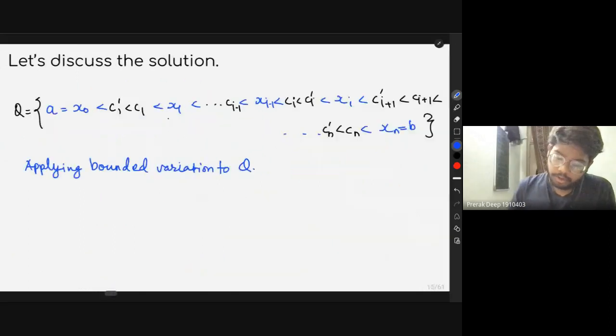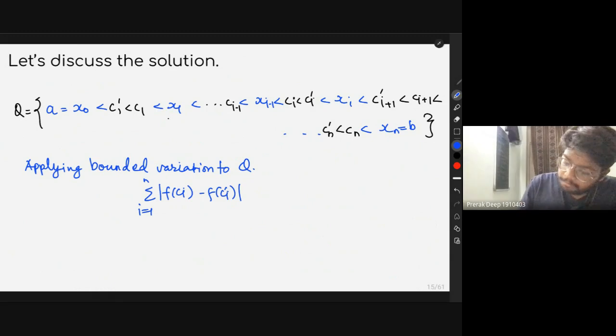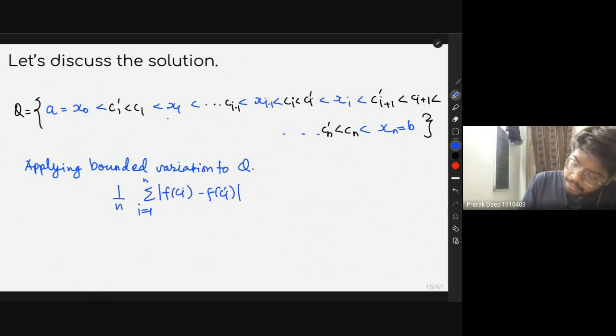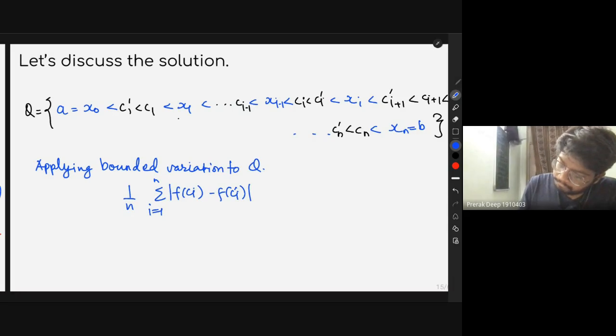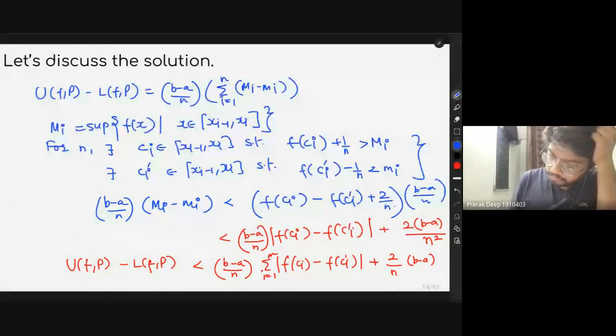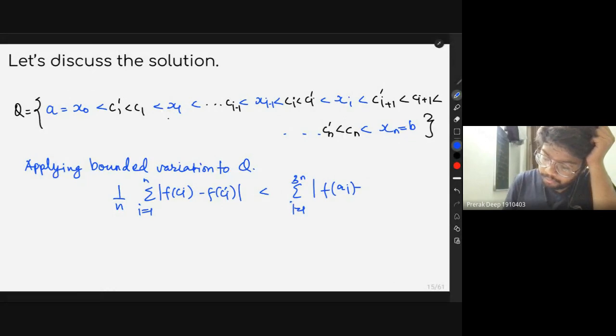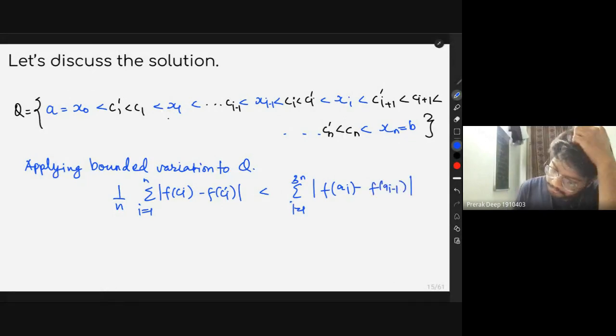So in particular, what I'm saying is that this summation from 1 to n of f of ci minus f of ci prime will be smaller than the summation from 1 to 3n of, let's say I'm writing, f of ai minus f of ai minus 1, correct?